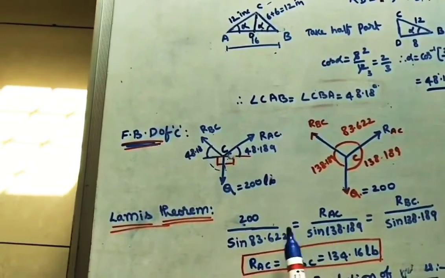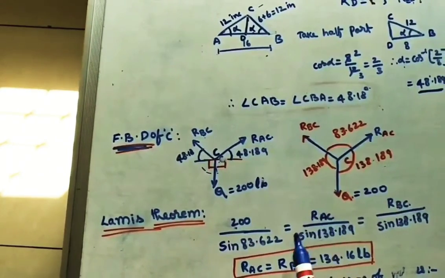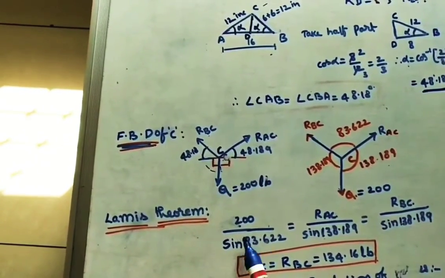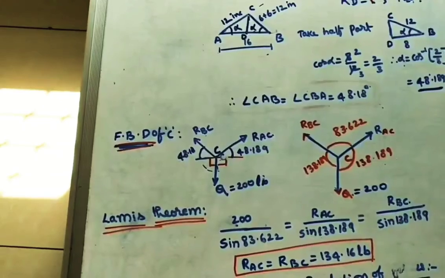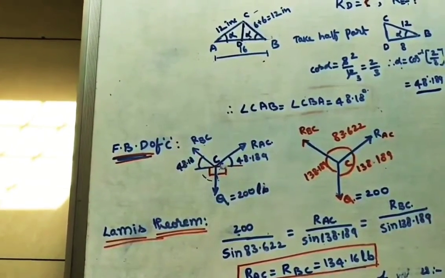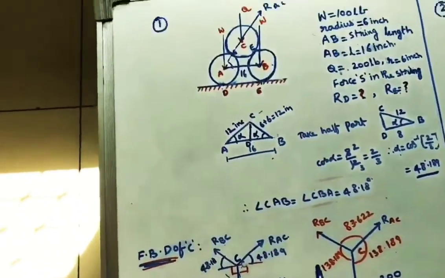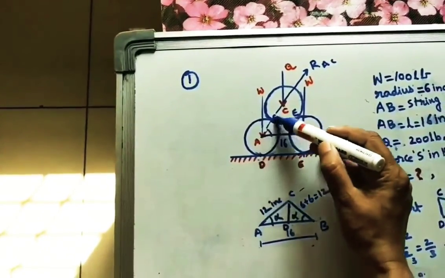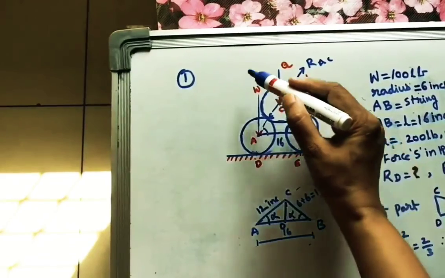Equate these to get the RAC value, and equate these to get the RBC value. RAC and RBC have the same values. RAC is this reaction, and RBC is this reaction.